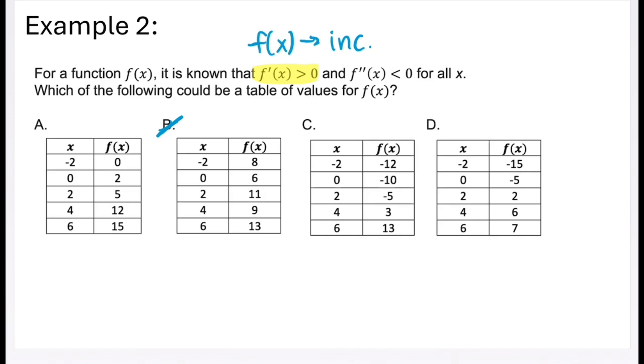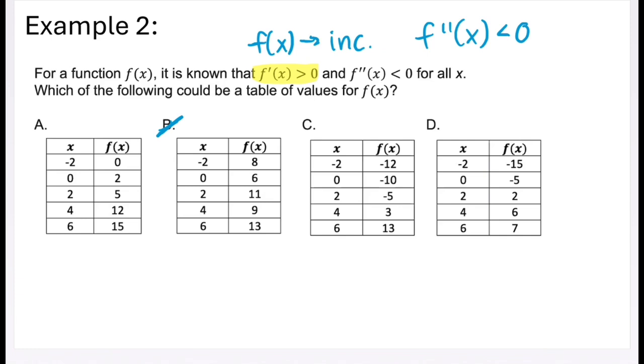Now, it says the second derivative is less than 0. What that means is that it's going to be concave down. We really can't see concavity in a table. But it does mean that the rate at which it's increasing is slowing down. So it keeps increasing, but as we go up in x values, the change is changing slower, essentially.